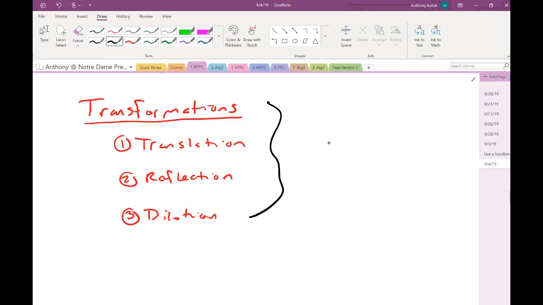A square or triangle in the xy plane, though, is just a set of ordered pairs, right? On any of those segments, you have infinitely many points, and they're just sets of ordered pairs. This sounds a lot like a function, which is also just a set of ordered pairs with a little specification on how many times you can use that x coordinate. So anything you can do on one set of ordered pairs, we can do for the other. We can do these same transformations to a function.